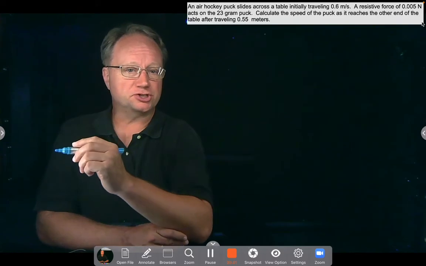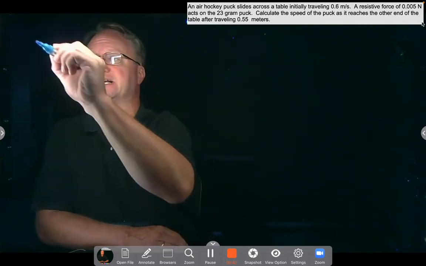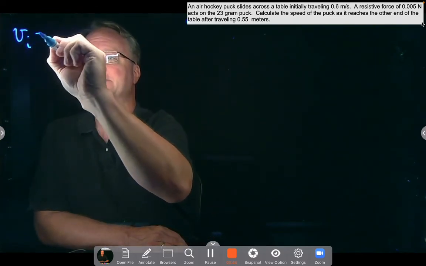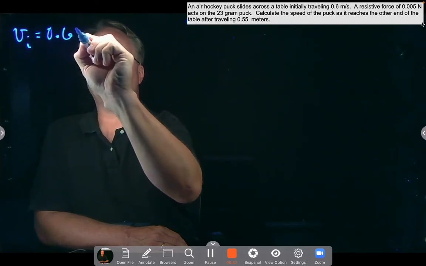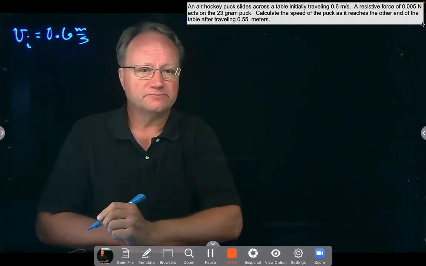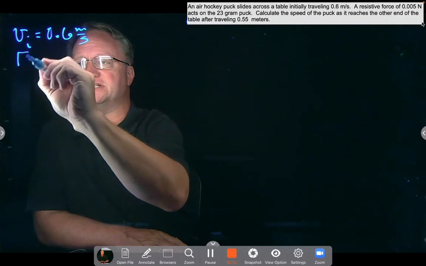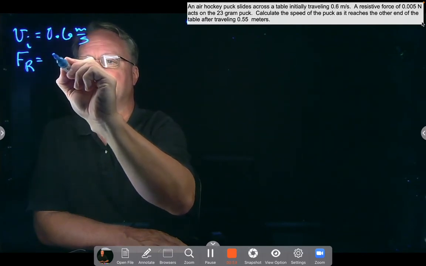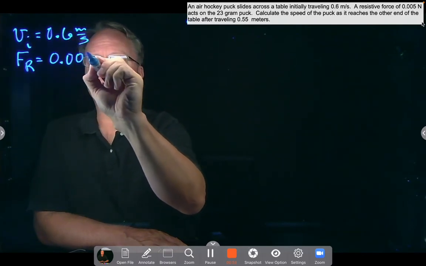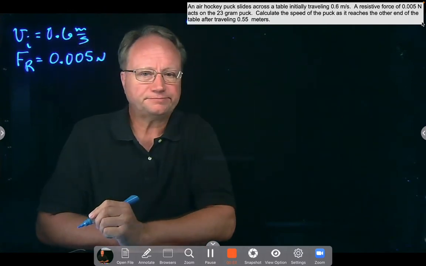Lots of given information, so let's identify what we know by symbol first of all. It's initially traveling 0.6 meters per second, so that would mean that VI would be 0.6 meters per second. We have a resistive force, F sub R, 0.005 newtons.